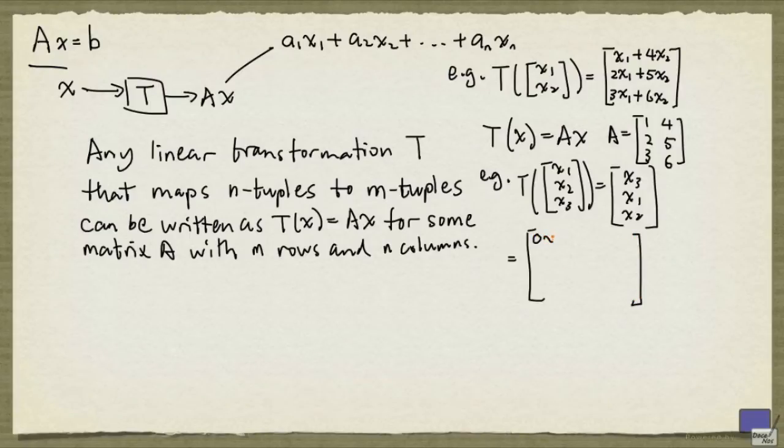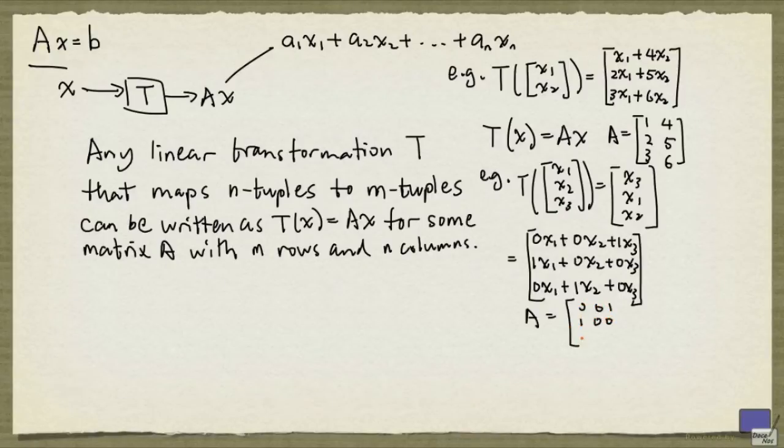So the first entry x3 is simply 0 times x1 plus 0 times x2 plus 1 times x3, and x1 is 1x1 plus 0x2 plus 0x3, and x2 is 0x1 plus 1x2 plus 0x3. And so the matrix is simply 0, 0, 1, 1, 0, 0, and 0, 1, 0.